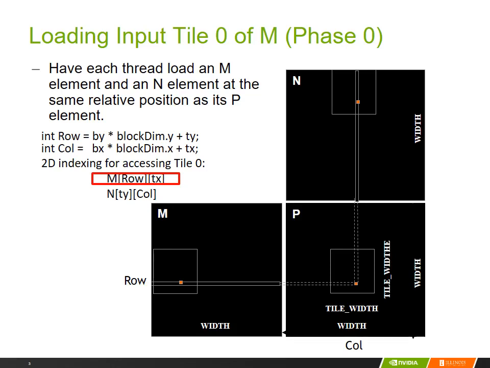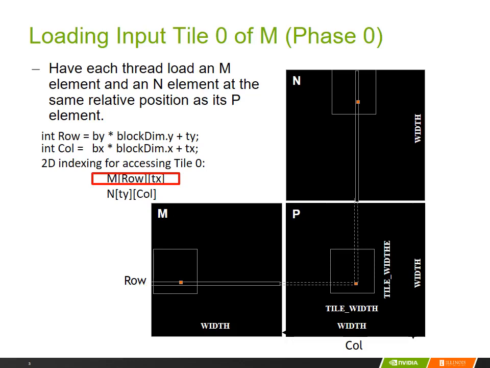Notice that the tile is of the same shape and size as the output tile in P, where this output tile consists of all the P elements being calculated by the current thread block. So a simple and logical design is for each thread to load an input tile element that is in the same relative position in the input tile as the output element it is calculating in the output tile.